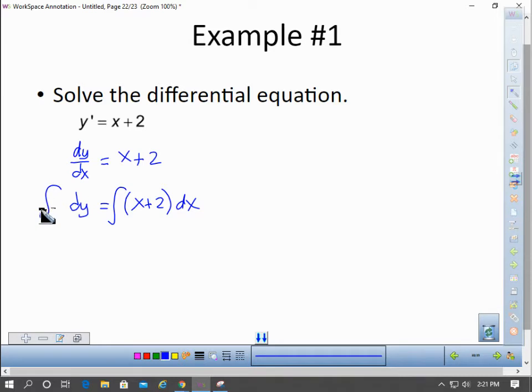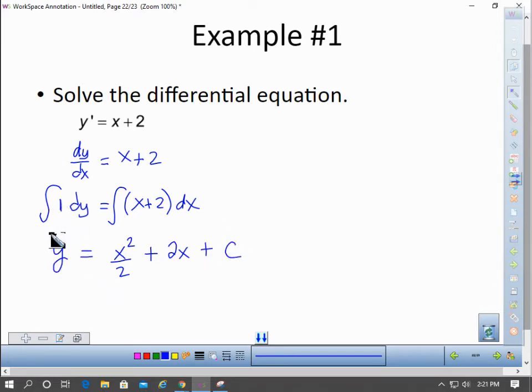And in between the integral sign and this bookend, there's a 1 right here. So the antiderivative of 1 in terms of y is going to be y. And then we're going to integrate on this side in terms of x. So the antiderivative of x, remember you raise a power, so x squared divided by 2, plus the antiderivative of 2 will be 2x. And then you have to put on that plus c.